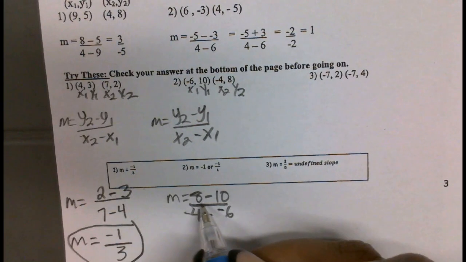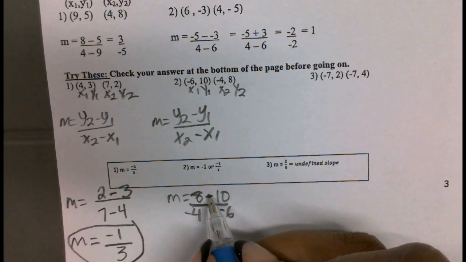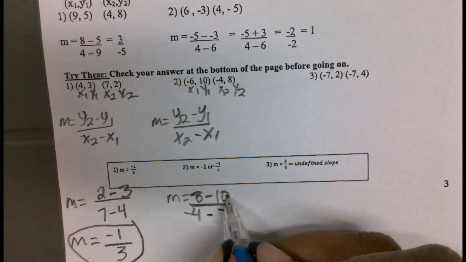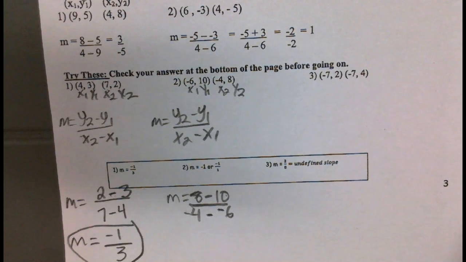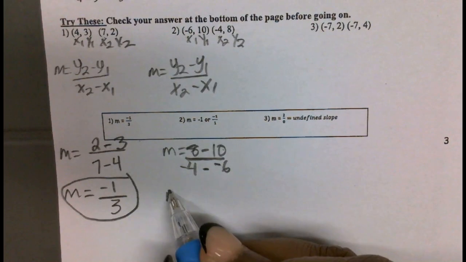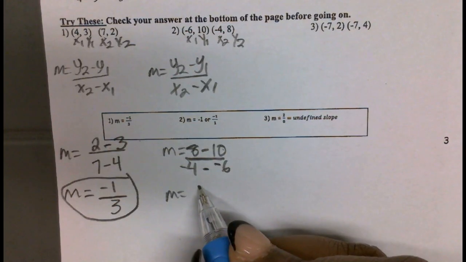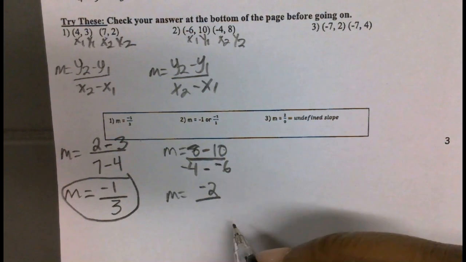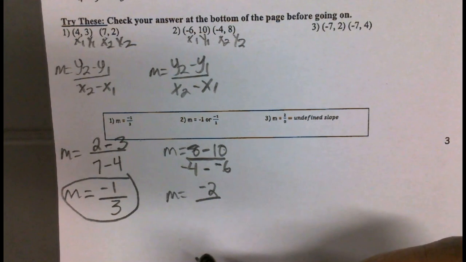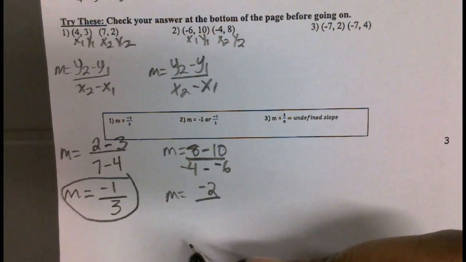Please type these in if you don't remember. We got 8 minus 10 on the top. Please type. Isabella, what's 8 minus 10? Isabella, please. -2, thank you.